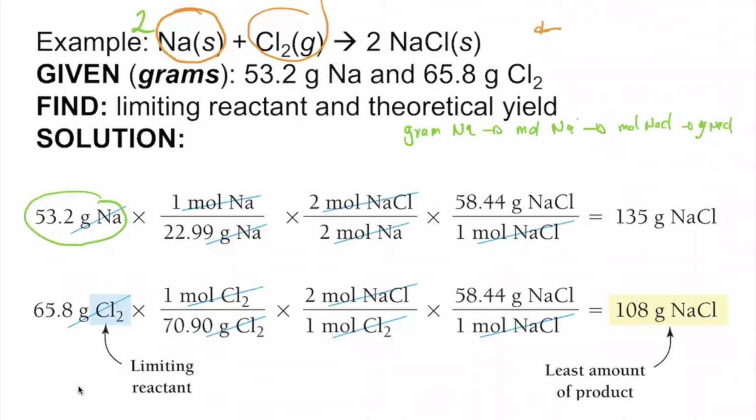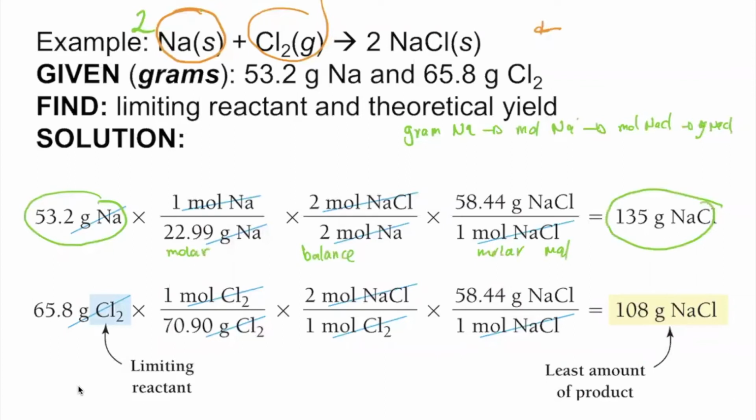So once again, this is the molar mass. This comes from the balanced equation, and this comes from the molar mass of sodium chloride. Notice that if you have 53.2 grams of sodium, you're going to generate 135 grams of sodium chloride.